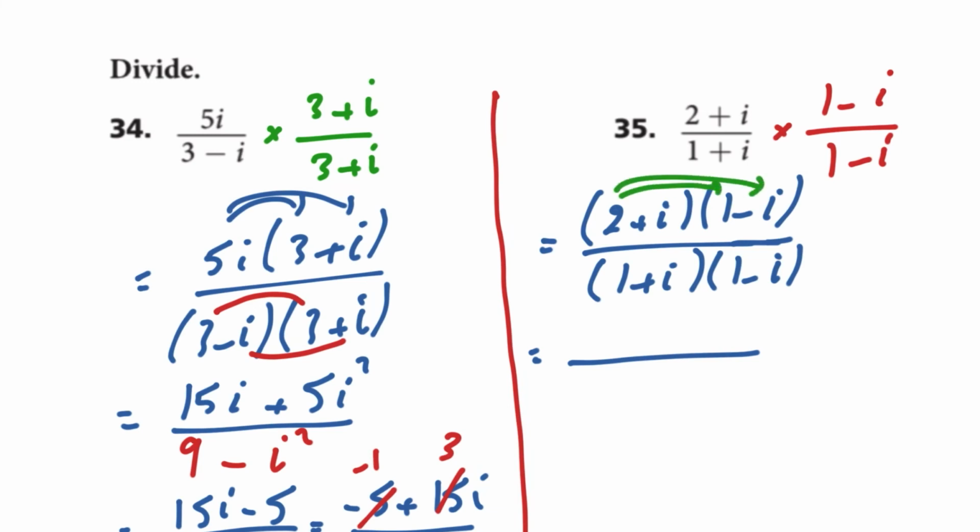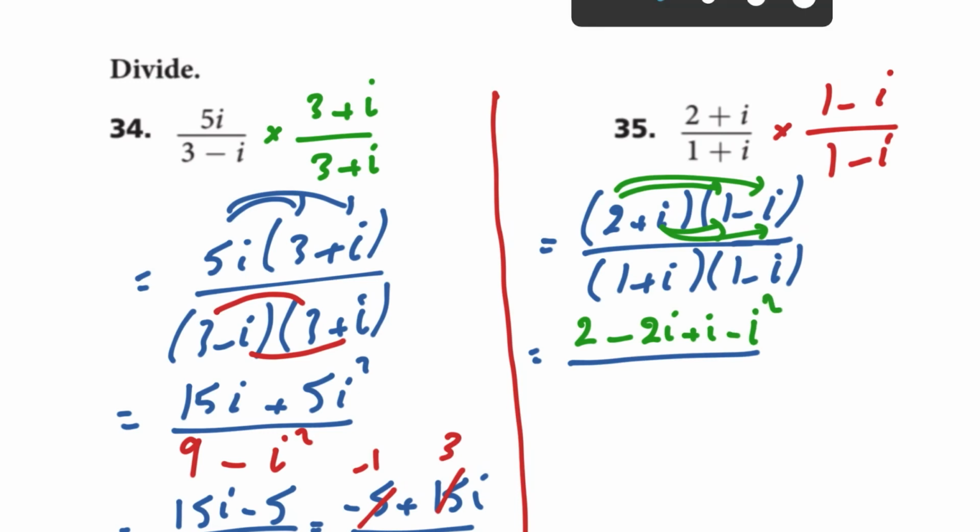Two times 1, minus 2 times i times 1, and i times -i is -i square. In the denominator, we multiply the first by the first and the second by the second. 1 times 1 is 1 minus i square.